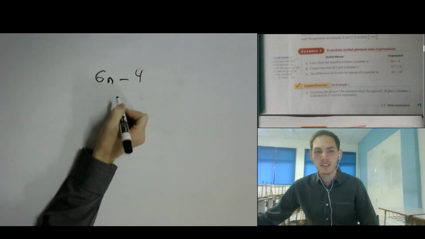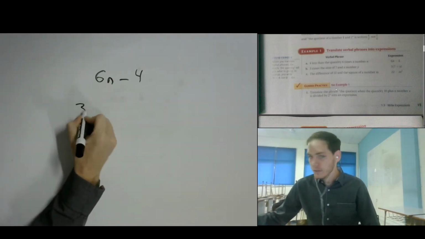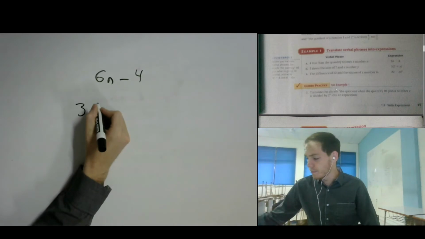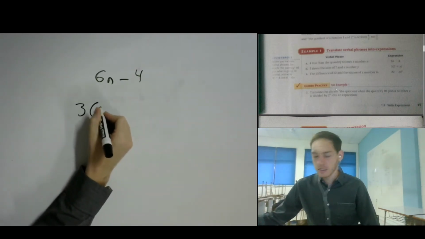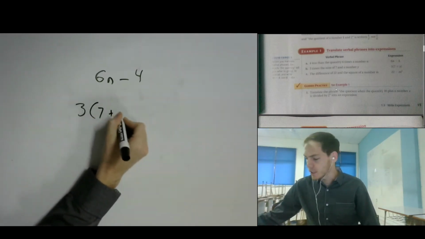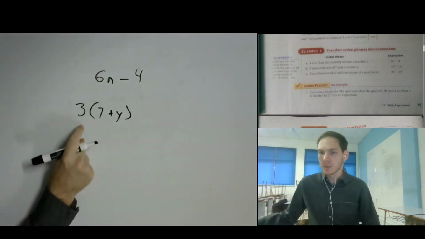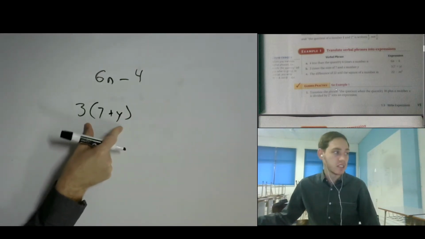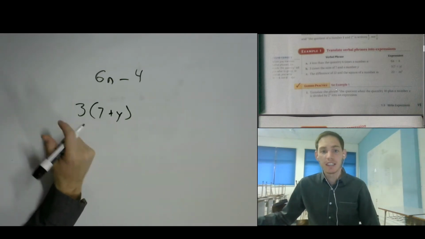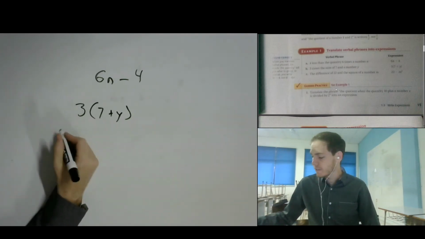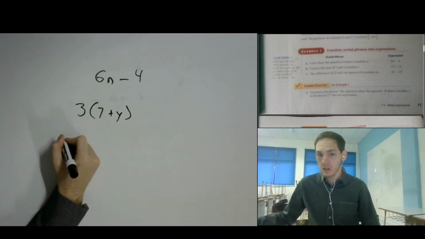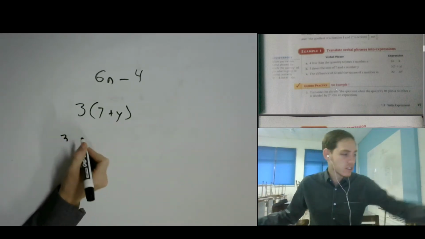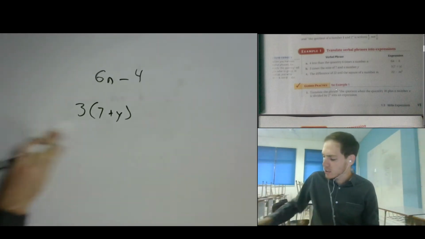Now, 3 times the sum, parentheses, 7 plus what? So when we see the word sum, it groups it. Then the difference of 22 and, so we have difference is going to be subtraction.